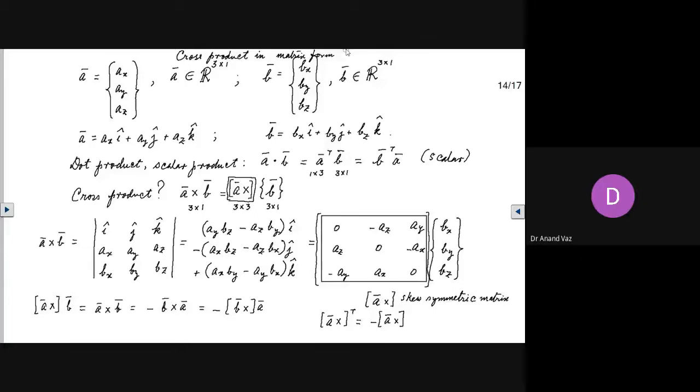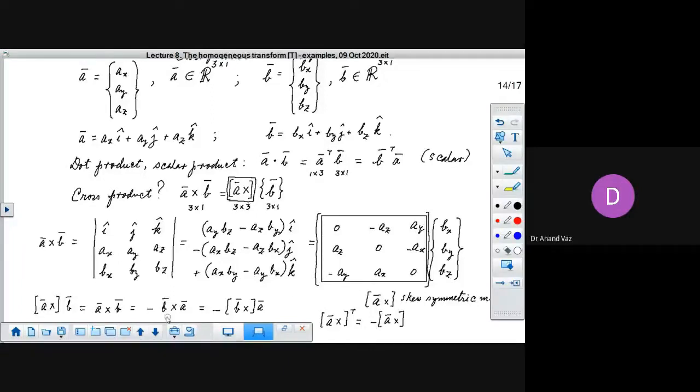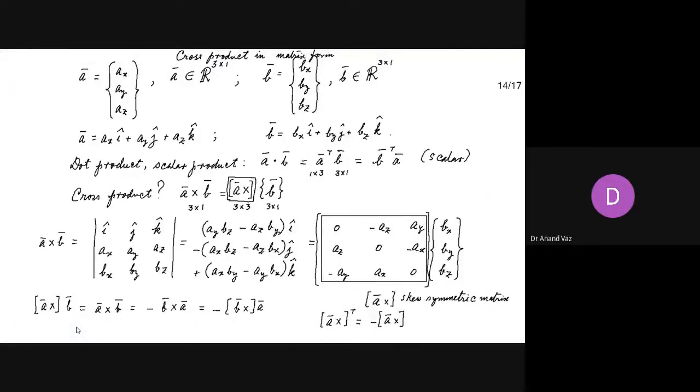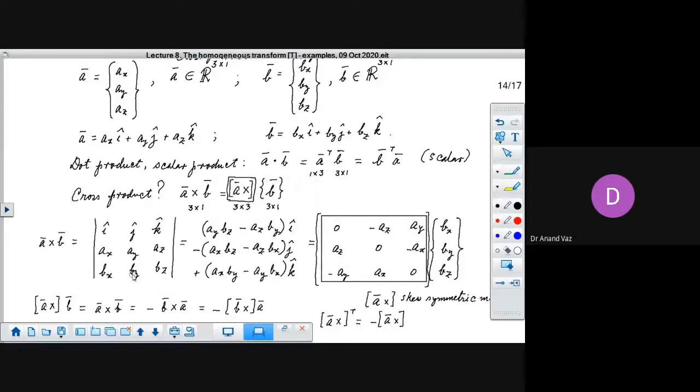Okay. Perhaps some of you must have been aware of this, but for those who have not done it before, I hope you have got the point clear. Okay. So the A cross matrix is always a skew symmetric matrix, and it operates on this, and you can get the cross product.